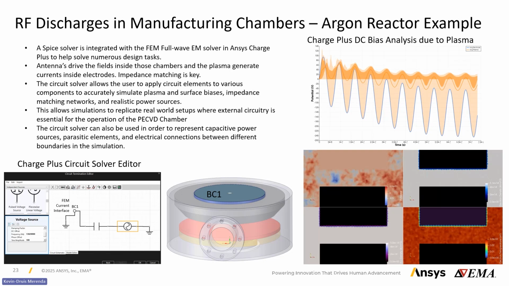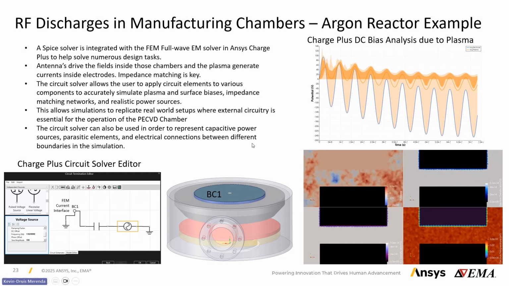That's called a sheath, and that sheath will screen the fields that are actually seen by the plasma inside the chamber. Even though we're applying an RF field, the potentials inside the plasma are going to start reaching a steady state solution due to the fact that there is a sheath being formed.